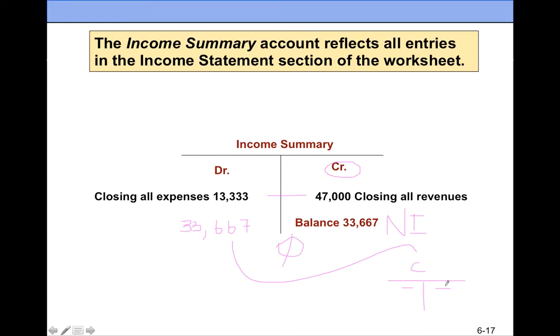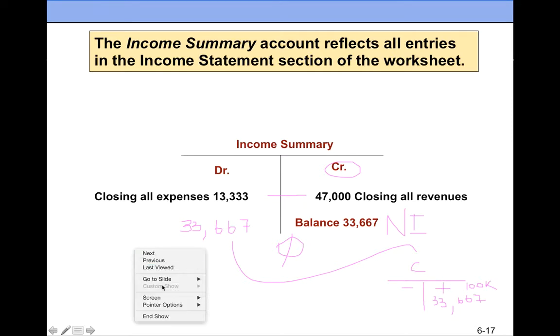If I have net income, my capital will go up. So I'm going to move 33,667, which is the difference between revenues and expenses, net income. And it's going to go to the capital account. By the way, capital account has the beginning balance of 100,000, and we're going to add net income here.